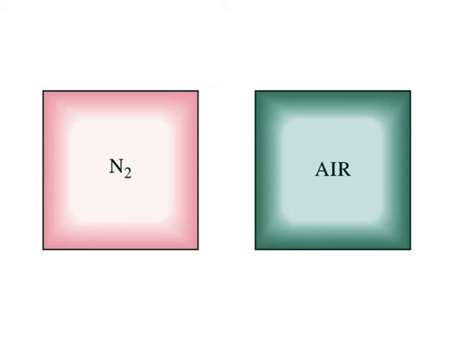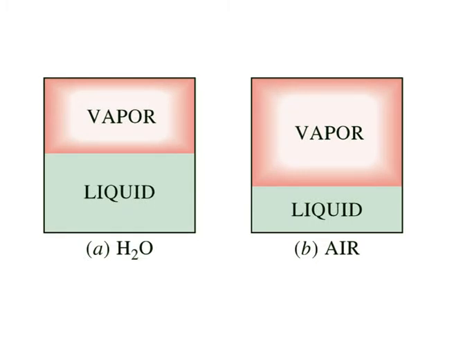A mixture of two or more phases of a pure substance is still a pure substance as long as the chemical composition of all phases is the same. A mixture of ice and liquid water, for example, is a pure substance because both phases have the same chemical composition.